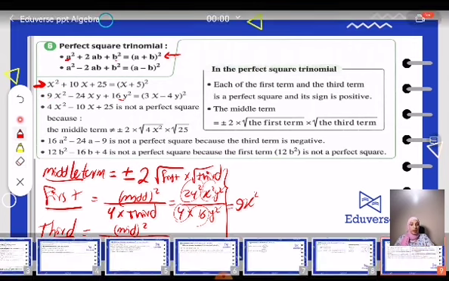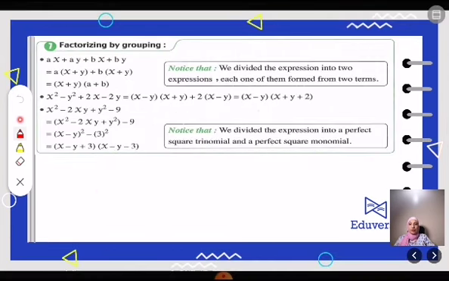So let's try another form, talking about factorization by grouping. Grouping means you will divide the terms, each two together, as groups. Like when we have ax plus ay plus bx plus by. I can take a common factor between the first two terms, which is a, multiplied by x plus y.